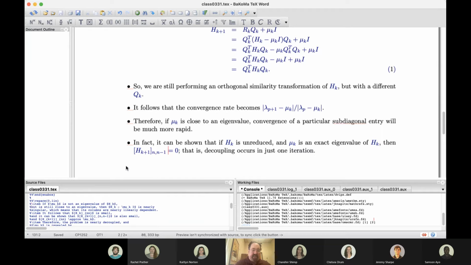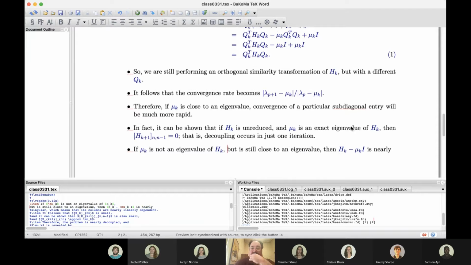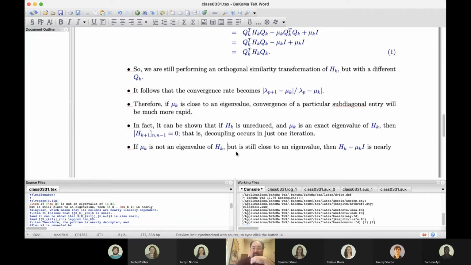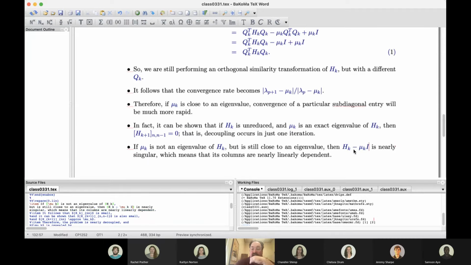Now, of course, we can't count on being lucky enough to shift by an eigenvalue, but that's okay, because even if mu k is close to an eigenvalue of H k, that means this matrix is nearly singular, because if mu k is nearly an eigenvalue of H k, then 0 is nearly an eigenvalue of this matrix.